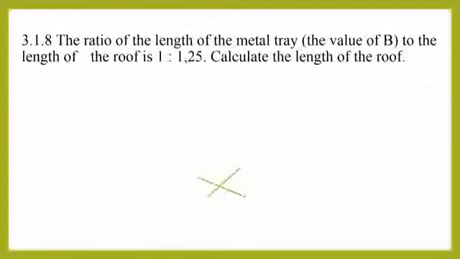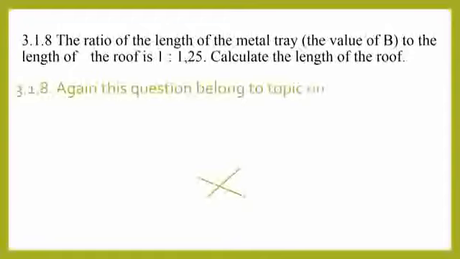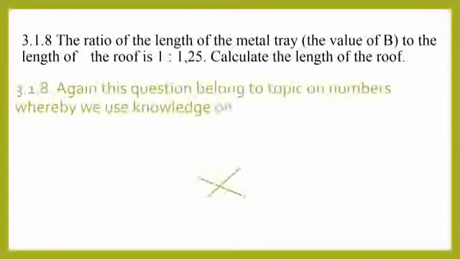The ratio of the length of the metal tray, the value of B, to the length of the roof is 1:1,25. Calculate the length of the roof. Again, this question belongs to the topic on numbers, whereby we use knowledge on ratios.